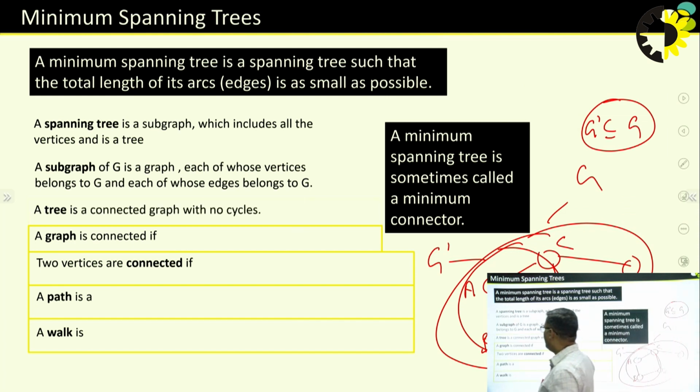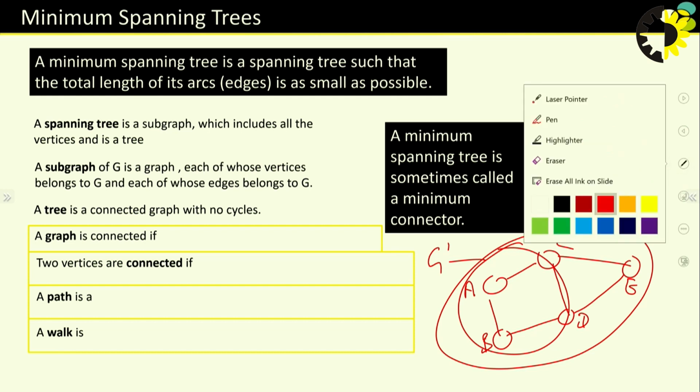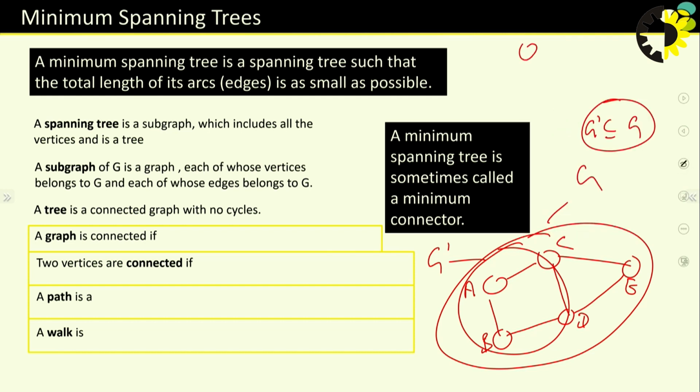Again, a tree is a connected graph with no cycle. If it creates a cycle then it will be a graph; if a graph doesn't have a cycle then it's a tree. Suppose this is the tree, because the tree doesn't have any cycle.